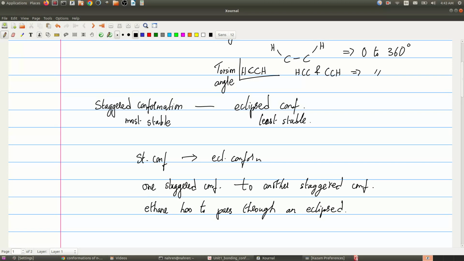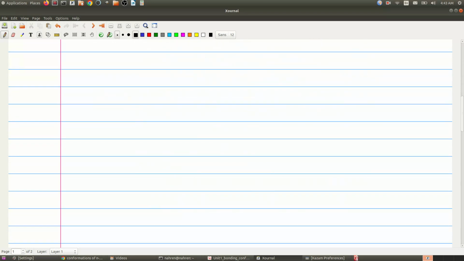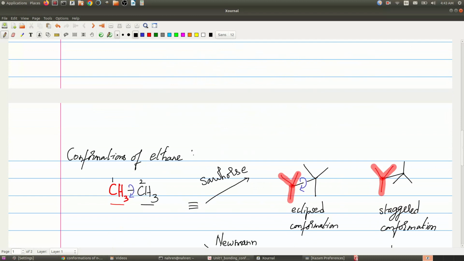So between two eclipsed conformations there is a staggered conformation, or between two staggered conformations there is an eclipsed conformation. Now let's look at this in more detail.